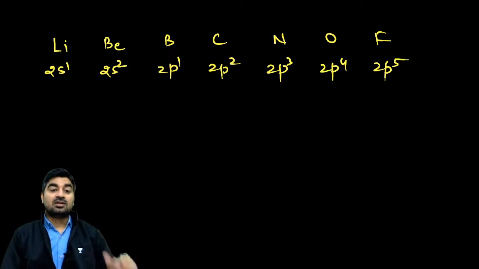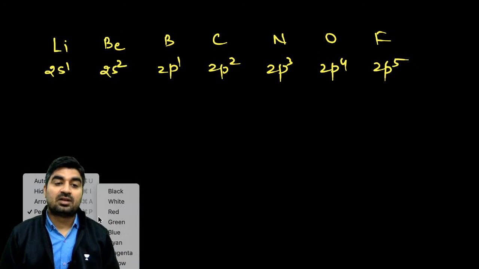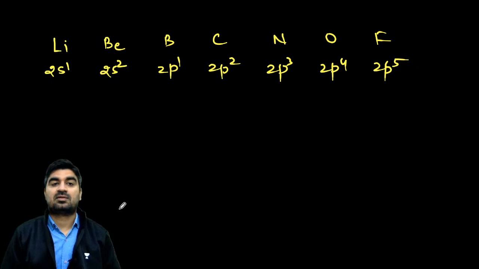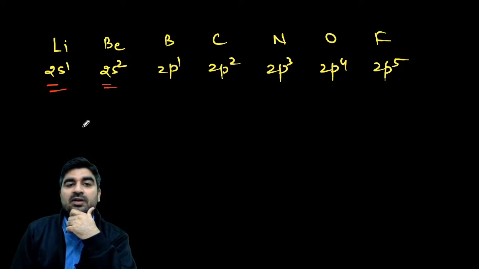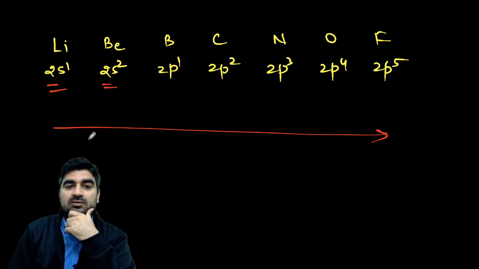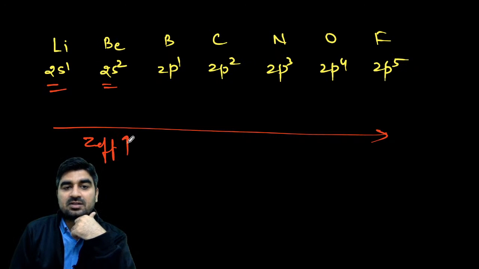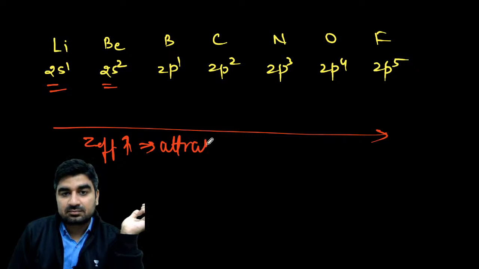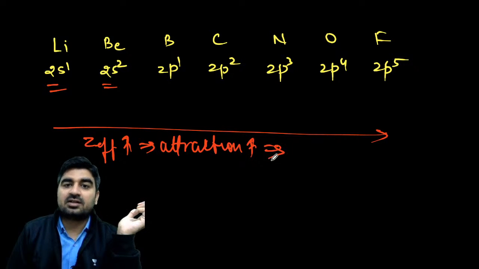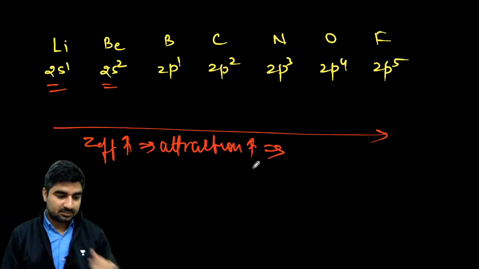Got it? Now if I ask you, when we move left to right, Z effective increases. As a result, attraction will increase. And if attraction increases, what will happen?